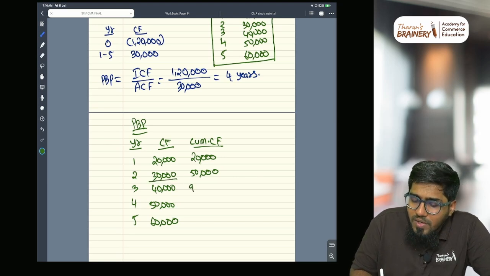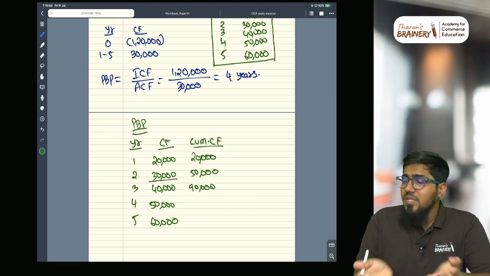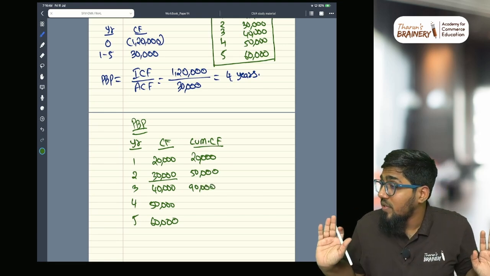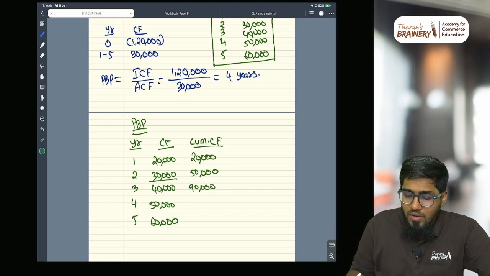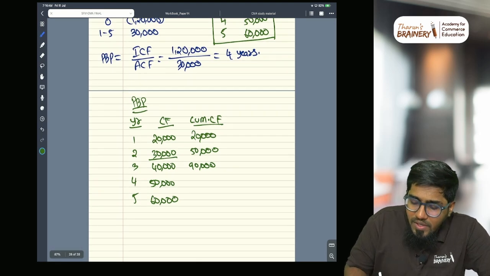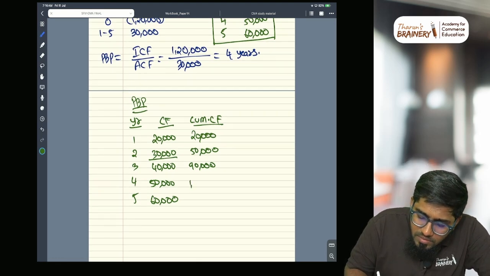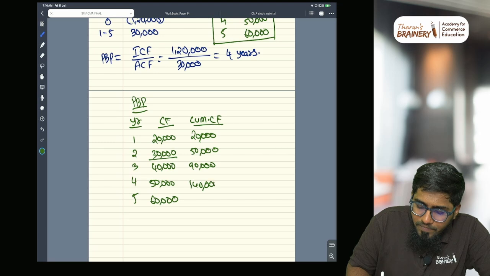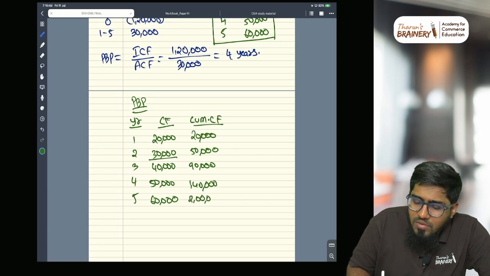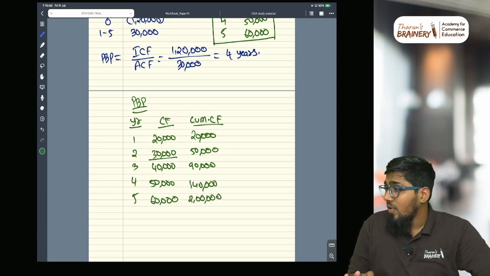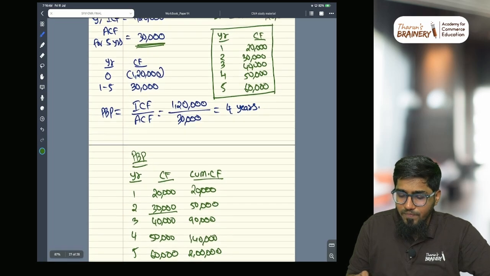Now 50 plus 40, again 90,000, because the third year I got 90,000 rupees. Fourth year, 90 plus 50, 1,40,000. Fifth year, 2 lakhs. This is the cumulative cash flow.